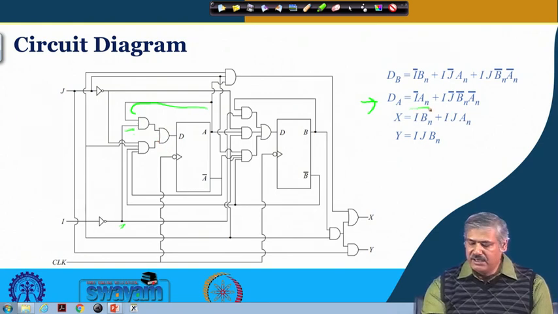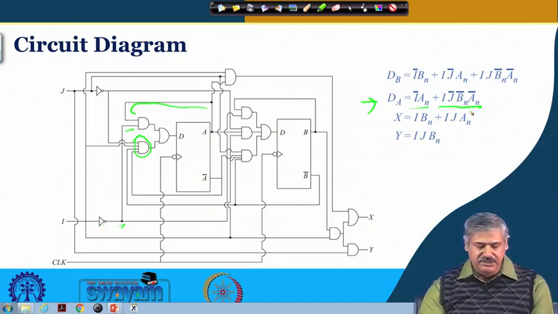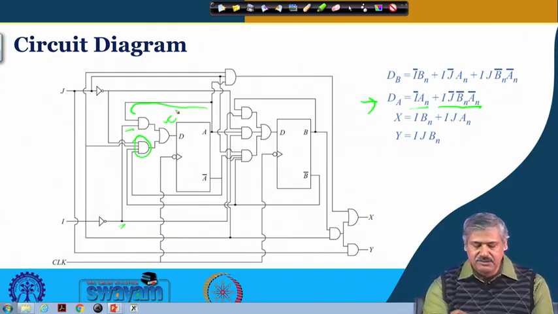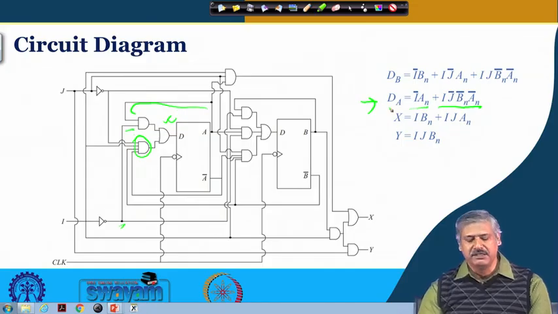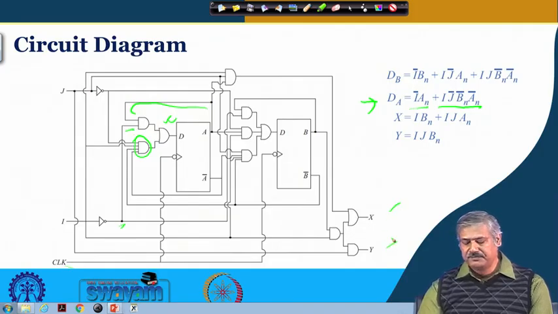So I bar An, and this is I J bar Bn bar An bar. So this is the 4 input AND gate, which is taking those necessary inputs, and then you have got an OR, by which you are getting the DA. Similarly, for the others clock is common, and output is generated in this manner. Is it fine?